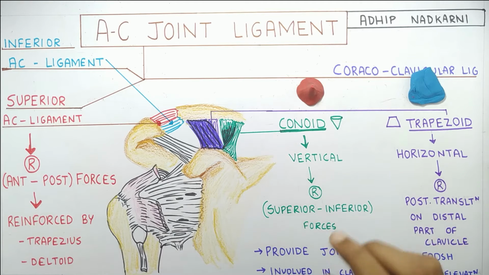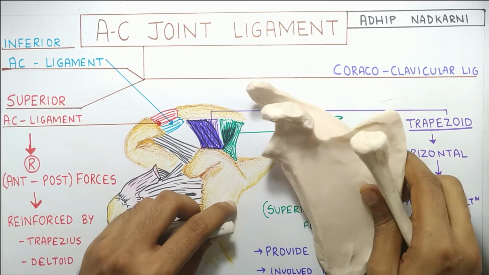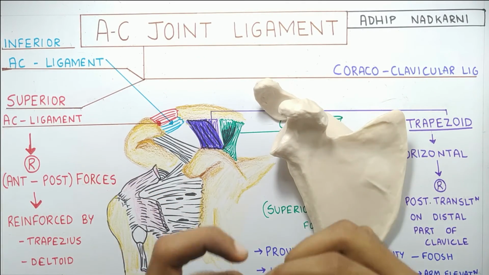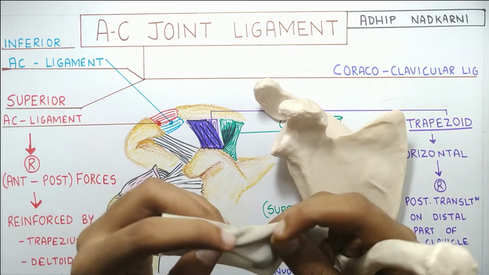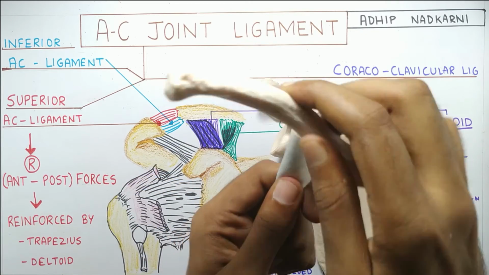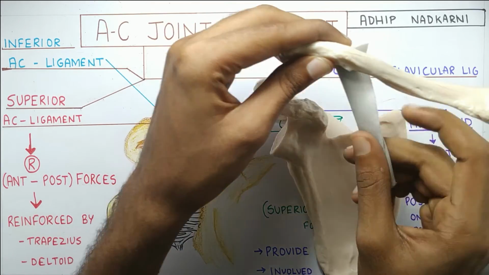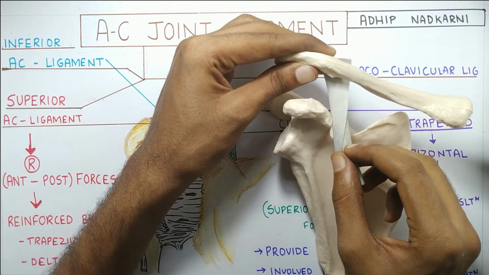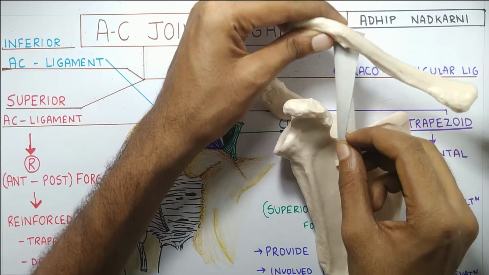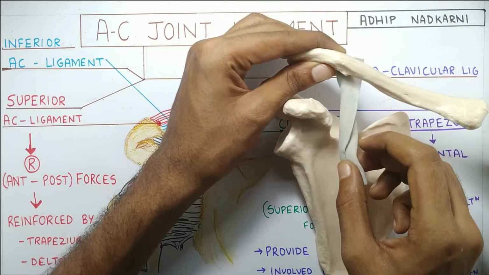Now I'll show you this with the cloth. So if you take the scapula again over here, and if this is your ligament, I'll take the ligament and arrange it vertically, right? So if the conoid is present vertically, this vertical alignment will prevent superior forces on the AC joint, right?